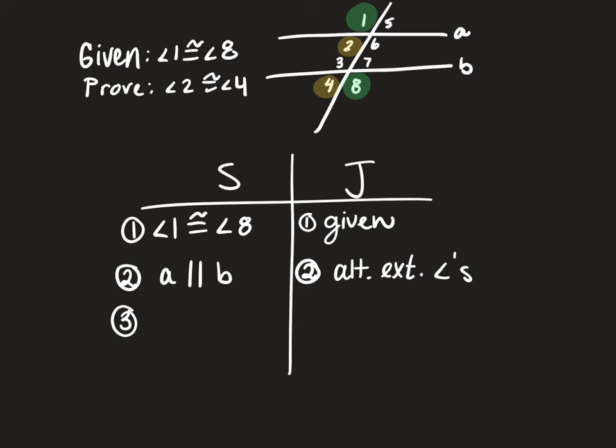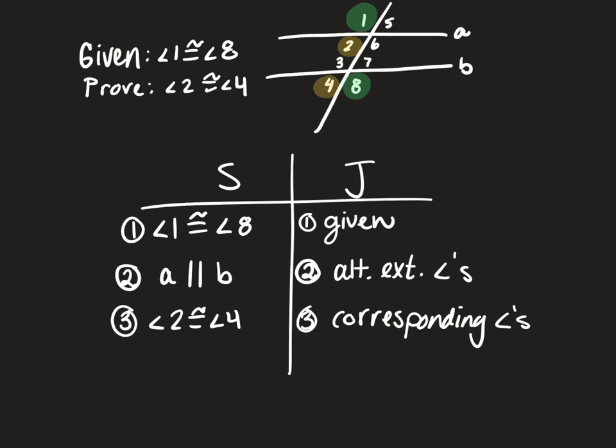Because they are both on the left of the transversal and they're both below the parallel lines. So we can say now that angle 2 is congruent to angle 4 because they are corresponding angles. Would you be using the angle postulate? Yeah. You can write postulate or theorem if you want, but as long as you have the angle type there, we're good. And that's it. We did a proof.